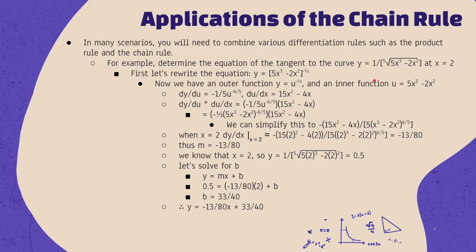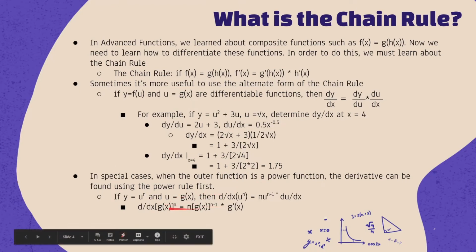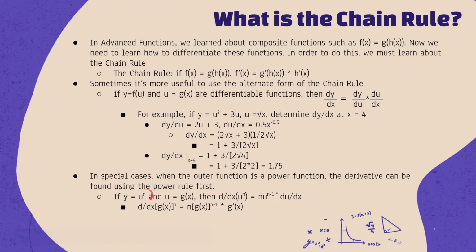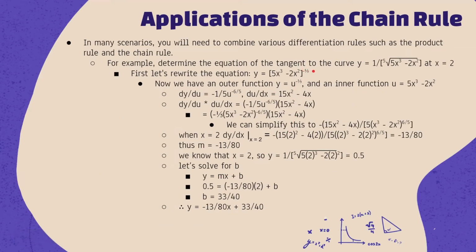And the inner function would then have to be everything that's in the brackets, which is u equals 5x cubed minus 2x squared. So now we can actually use this definition over here, since we're given a special case where we have u to the power of n, and n in our case is negative 1 over 5.